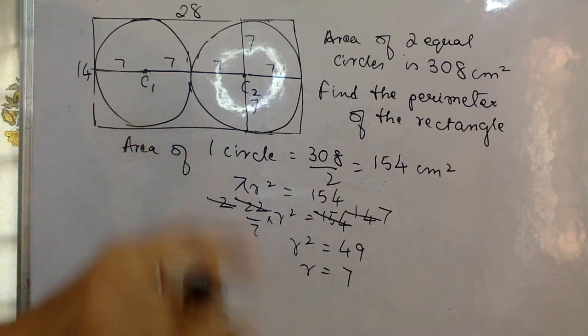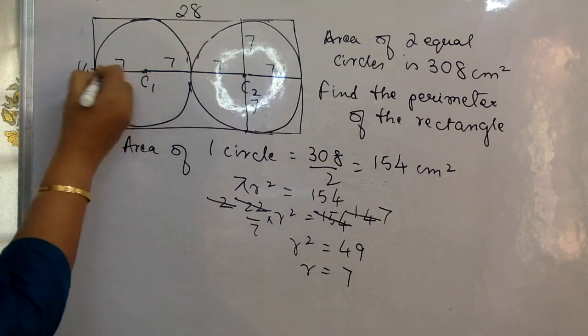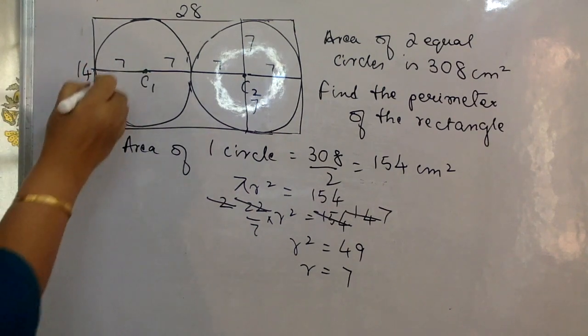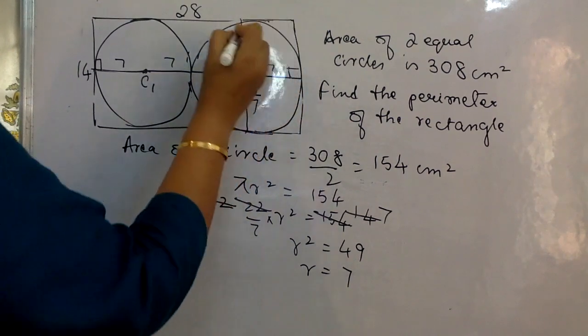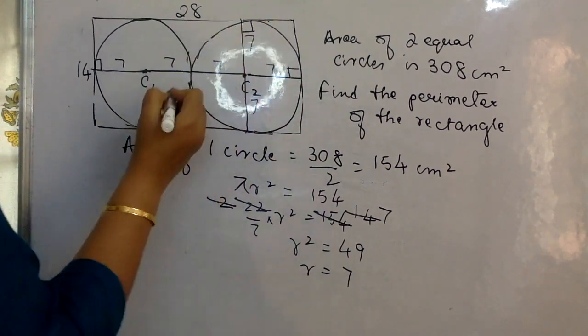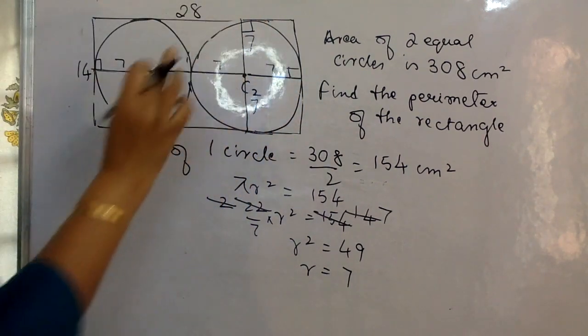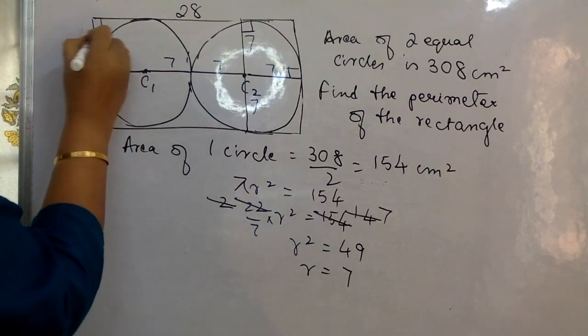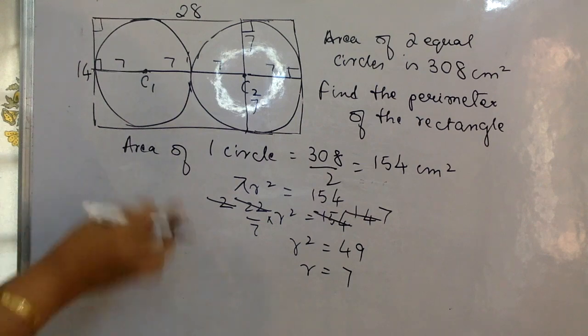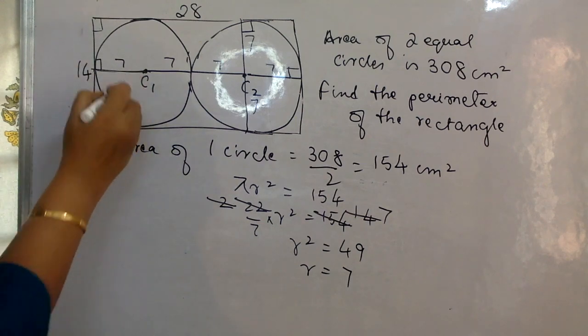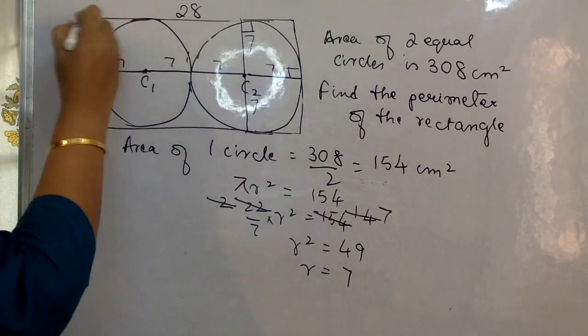So in your higher classes you will know, if the radius is touching this, it is always at 90 degrees. So actually here also these are all 90 degrees, because it is touching the tangent from the center. So here also we have a small rectangle whose opposite sides are equal. That is why we can say this is 28.